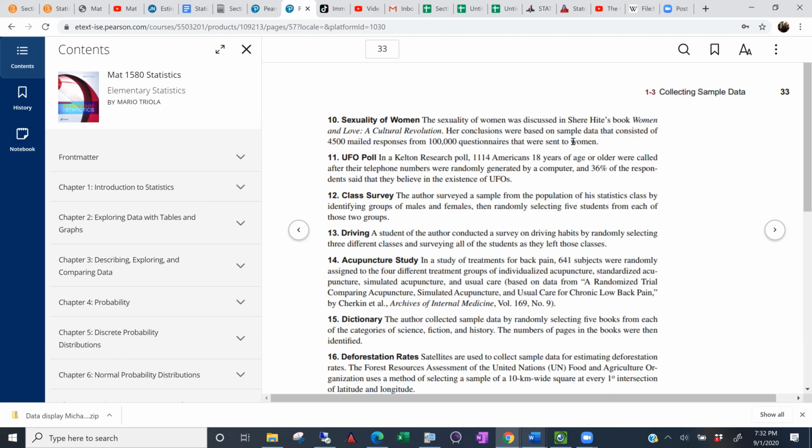Let's use this for something a little bit more, though. Are we okay with the fact that this is a convenience sample? It's just the people who responded. What is wrong with basing conclusions on her data set? This is something we did in section 1.1, so think back to what we did there.